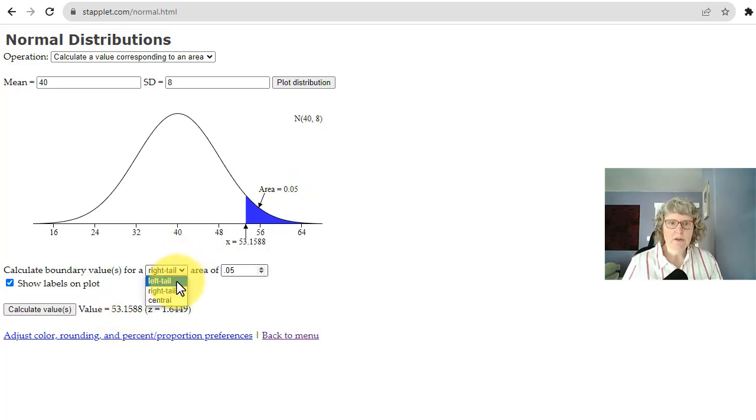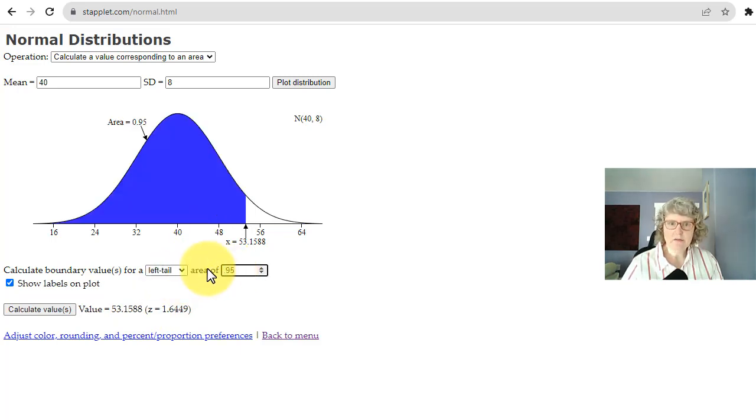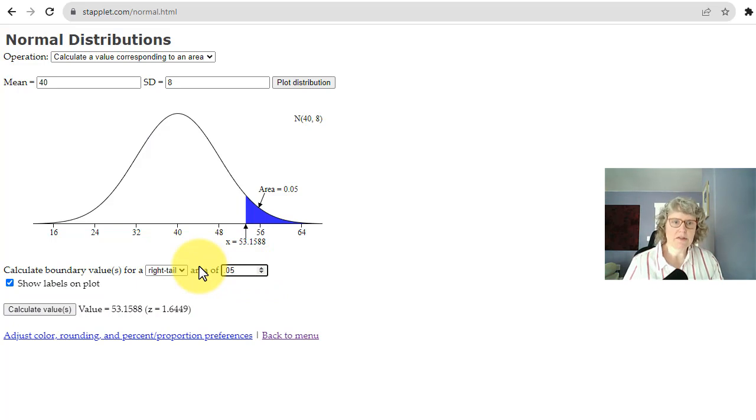Okay, so I get 53.1588. Now notice I could also do left tail and 0.95. It's the same value in between there, right? It's the cutoff line. So you can do it either way. I was on left tail before, so I could keep it left tail. I want to shade it to the right, so I'm going to do right, but the number is the same either way.